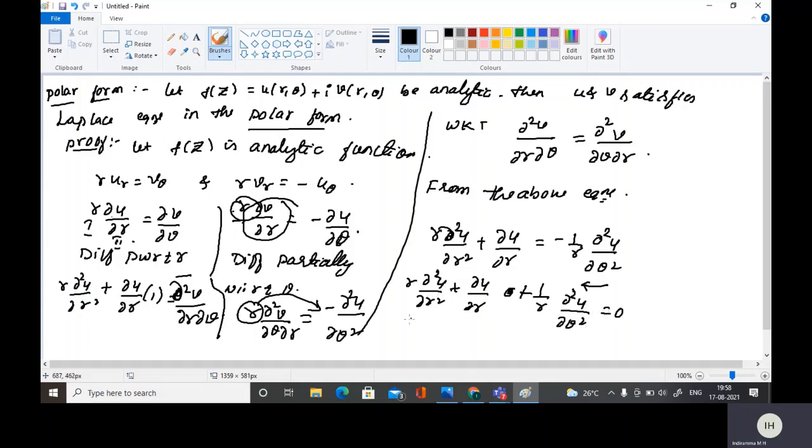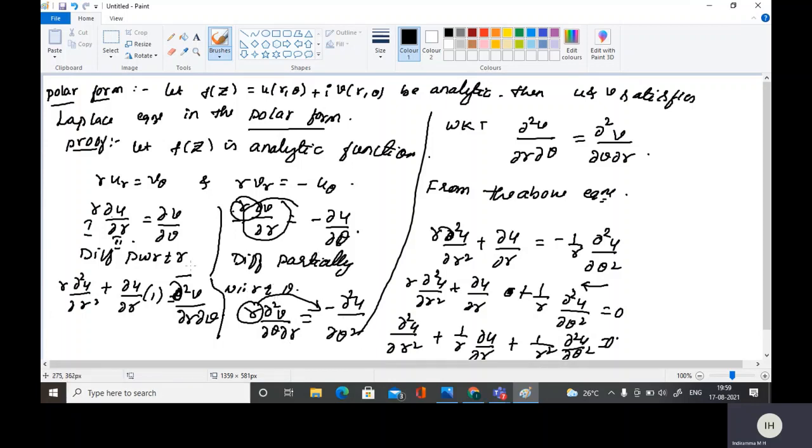Now divide by R, we obtain ∂²U/∂R² plus 1 by R into ∂U/∂R plus 1 by R² into ∂²U/∂θ² is equal to 0. U satisfies the harmonic property. Therefore, U is a harmonic function.